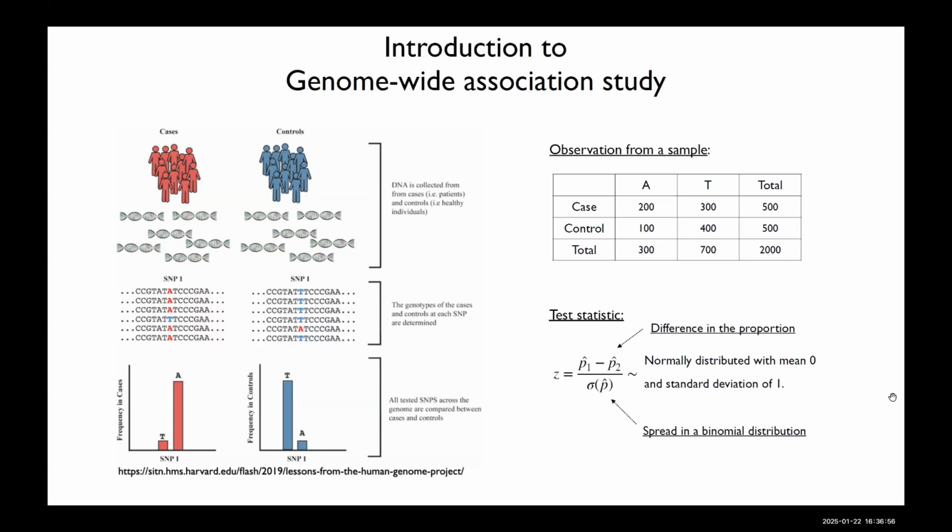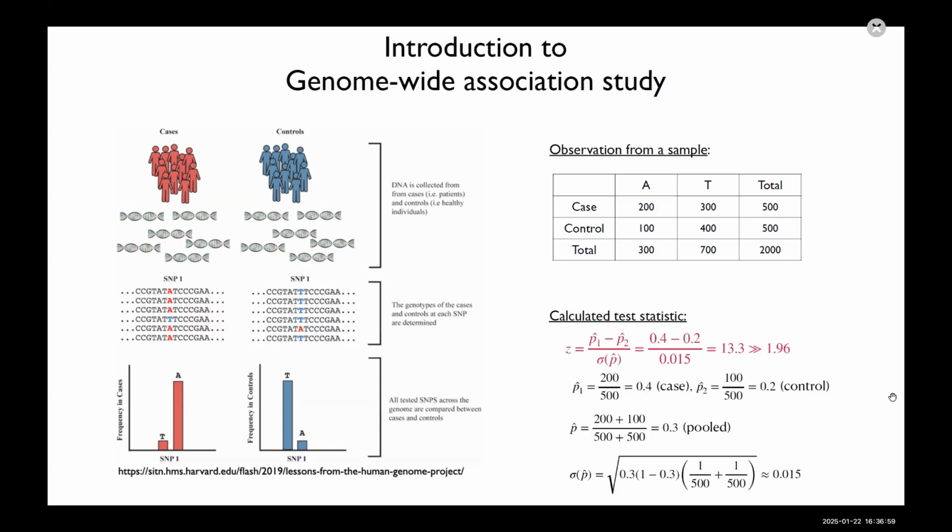And having calculated the test statistic from the data that we have, which is 13.3 in this case, much greater than 1.96, indicates that it's very unlikely that the two proportions of A in the cases and controls are the same.